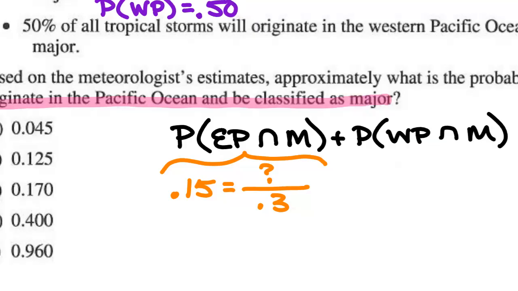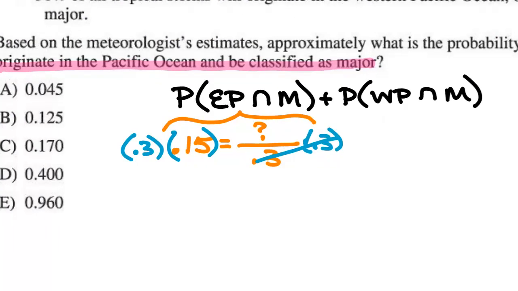So then I would multiply both sides by 0.3. And so the probability of Eastern Pacific and a major storm would be, I think that's 0.045. Yes, 0.045.